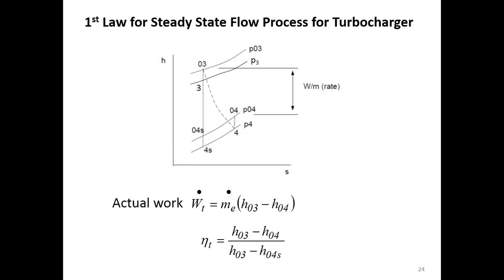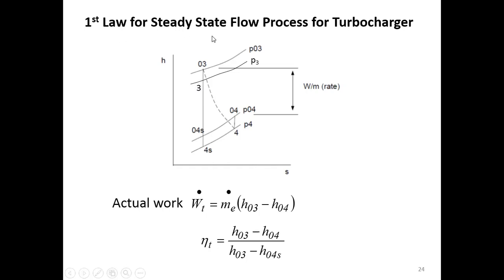So we have to do some calculations on the turbine. That's the reason why, in terms of turbochargers, they only show you the turbine portions on the enthalpy and entropy diagram. The way they do the analysis is exactly the same.